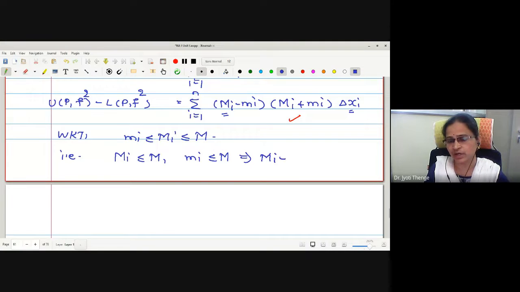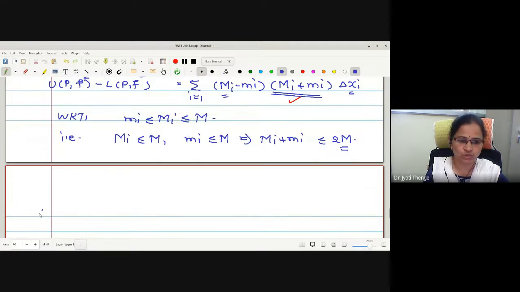Can I write capital Mi plus small mi less than or equal to 2M? Let me replace this term by less than or equal to 2M. Therefore, this equality changes to inequality, less than or equal to.